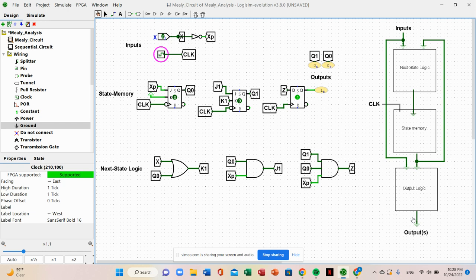And then this circuit, you can tell that it's a Mealy circuit due to the fact that it's able to function with outputs of memory and current inputs.